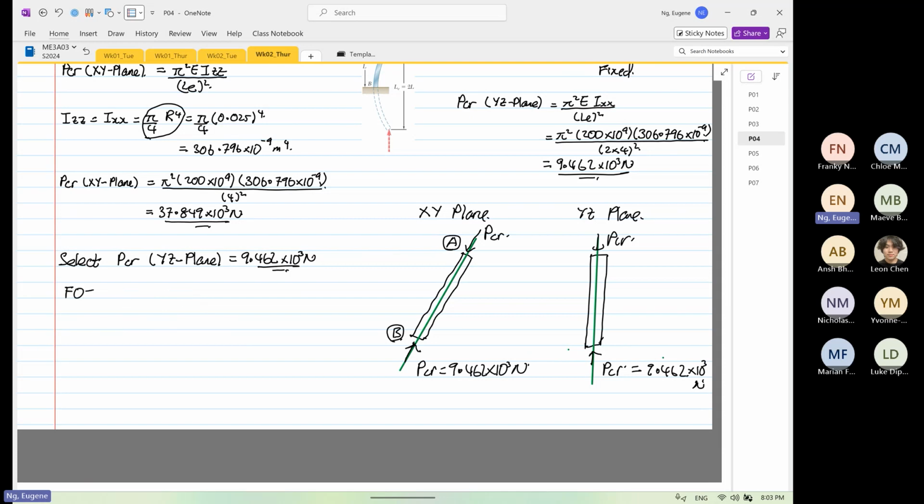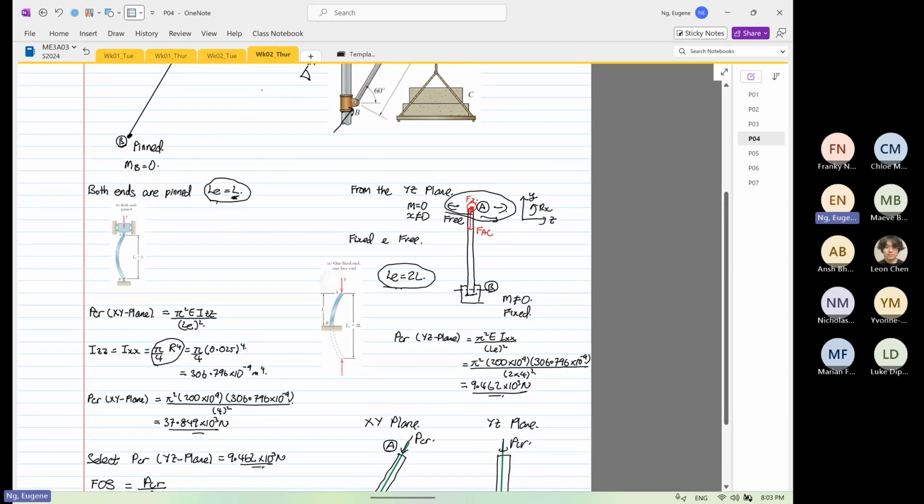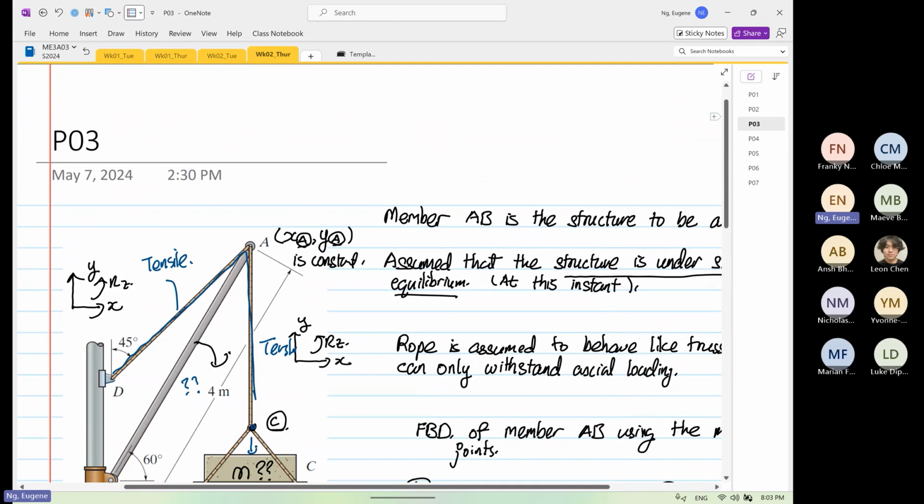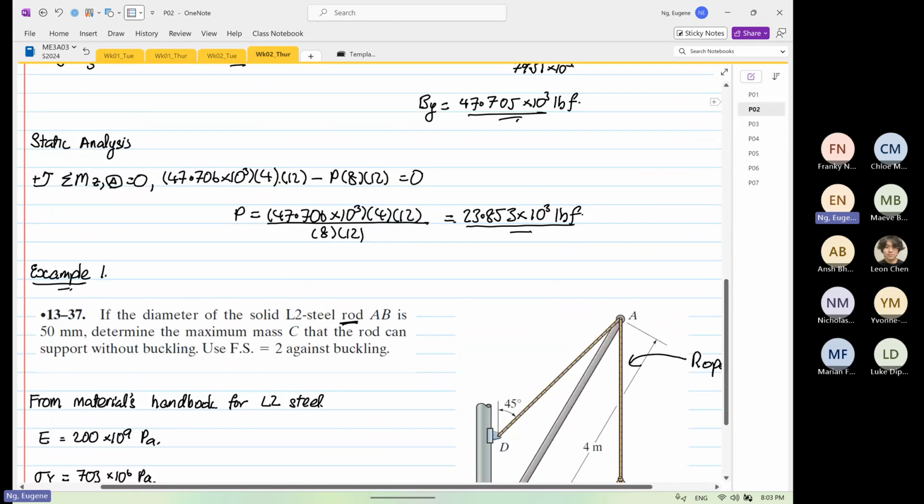Factor of safety is equal to PCR over our P. So P is equal to PCR divided by our factor of safety. So now this is 9.462 times 10 to the power 3 divided by our factor of safety, which is equal to, can't remember now, 2.